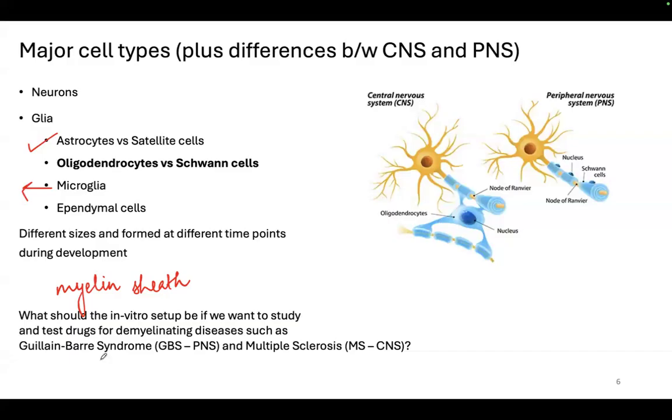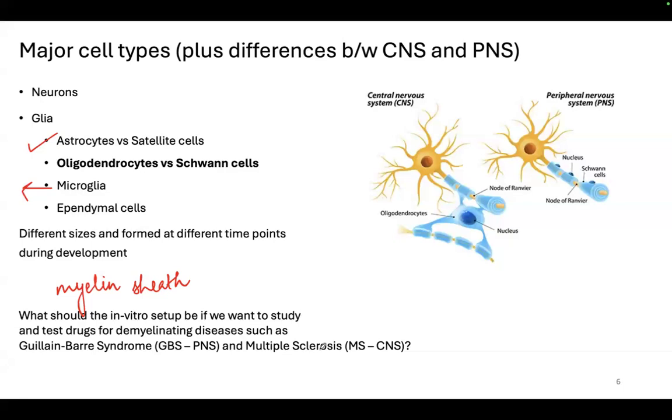There are two more common ones that you might have heard of. One is Guillain-Barré syndrome, which affects the peripheral nervous system, and multiple sclerosis, which affects the central nervous system. So if you want to study diseases like this, what should be your setup? Let's start with testing drugs.